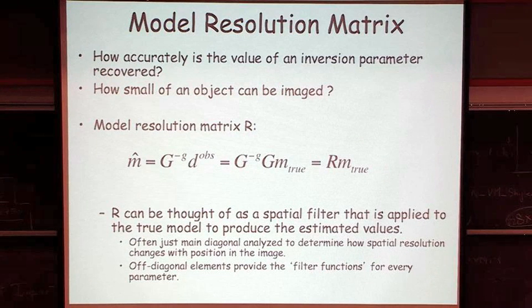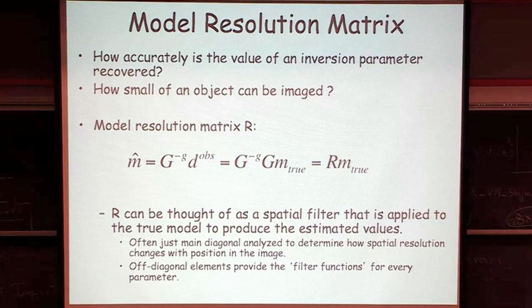Of course, you don't know the true model. So the way this is used, in general, is that you plug in some synthetic model, like, for example, a spike. One block has a velocity perturbation of 1, say, and all the rest of the model is 0.